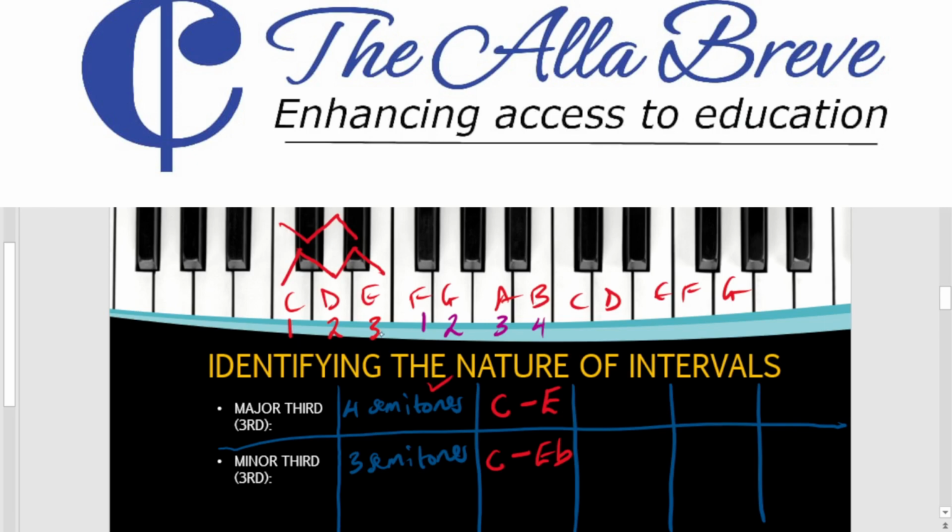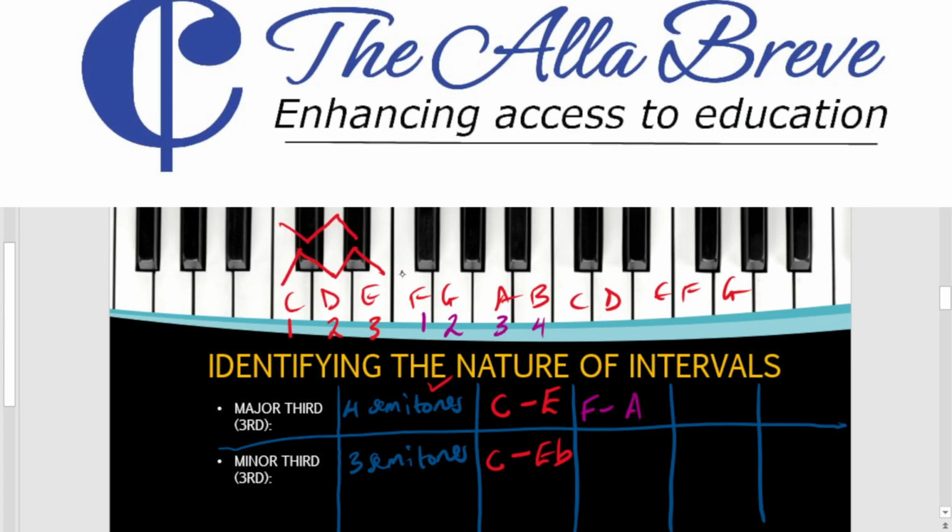For a major third, we need F, G, and A. But we need to confirm the number of semitones. So it will be from F to somewhere A, but to determine the nature of A, whether it is flat or sharp, count 4 semitones.